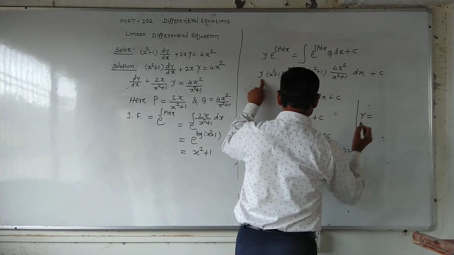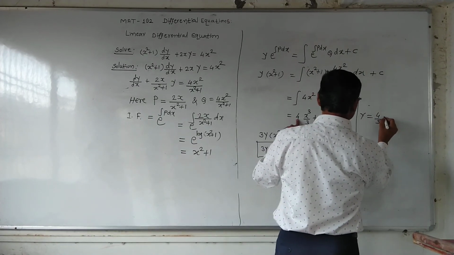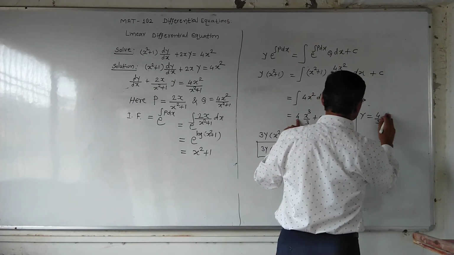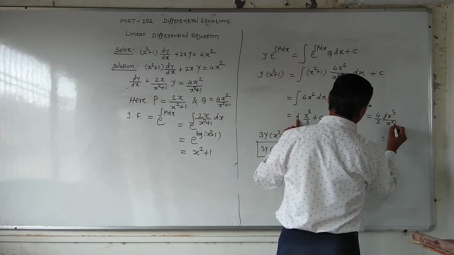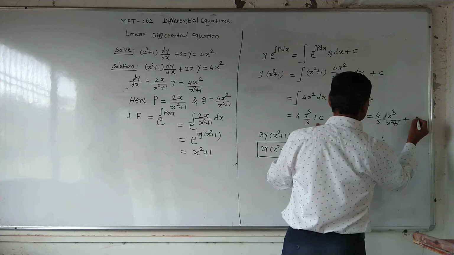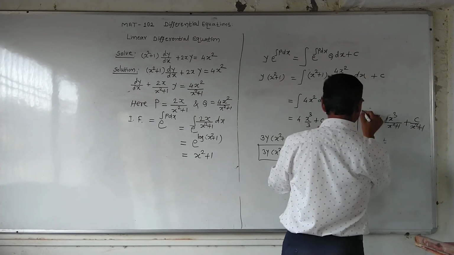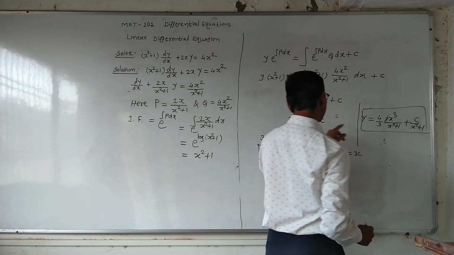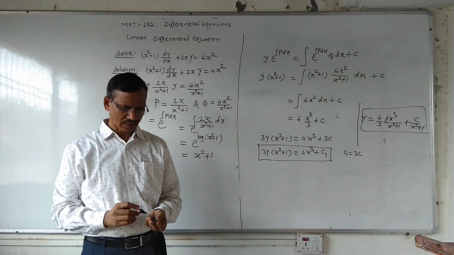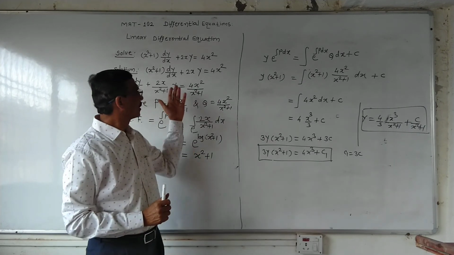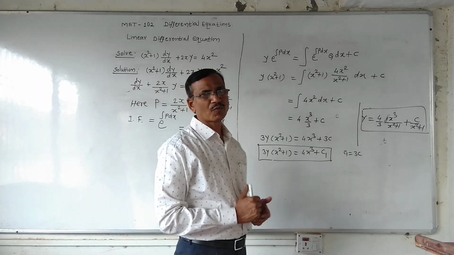Therefore, y equals 4 by 3 x cube divided by x square plus 1, plus c divided by x square plus 1. This is also a solution. You can write it in this form or in this form. This completes the solution of this problem, and we shall stop with this problem.